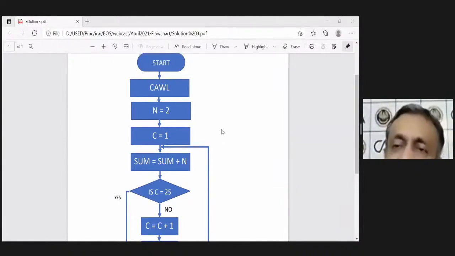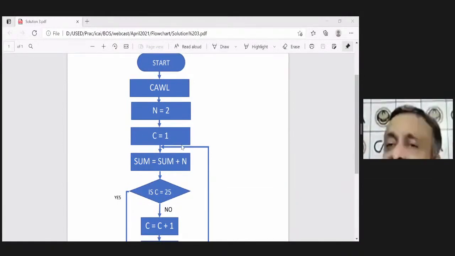So it's a basic instruction when you create any flowchart. It ensures that, suppose I do not give CAWL, then there is a possibility that a variable may have some hidden value in the system. So that is very important. Clear all working locations is basically to ensure that any stored value in the system is made 0, null, nil, like that.